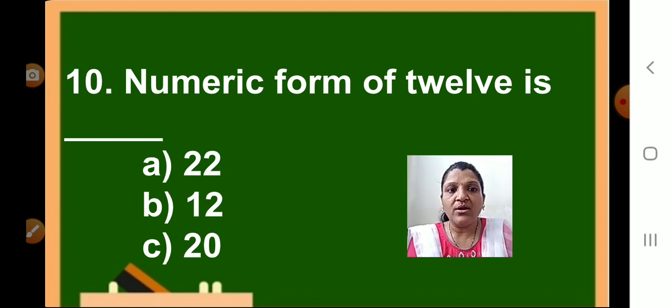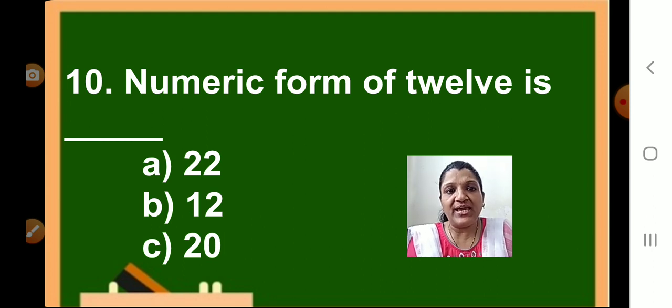So which is the correct answer in the given options? Let's find out. Option A is 2, 2. What is 2, 2? It's 22. Option B is 1, 2. What is 1, 2? 12. And option C is 2, 0, 20. So where do we find our correct answer?